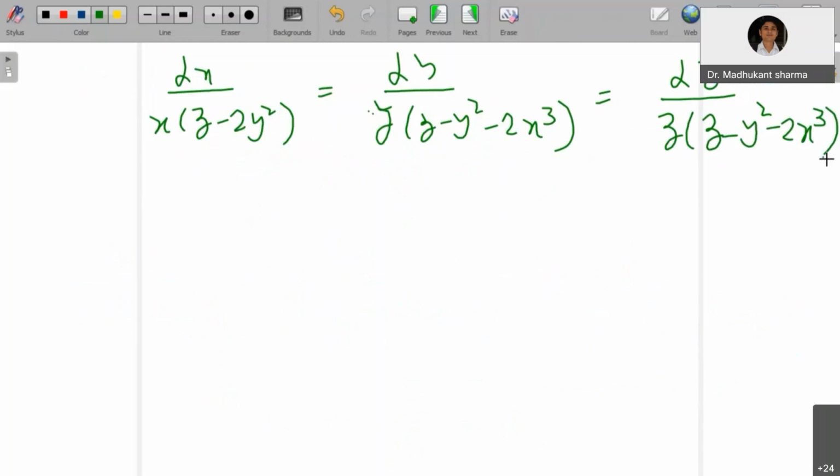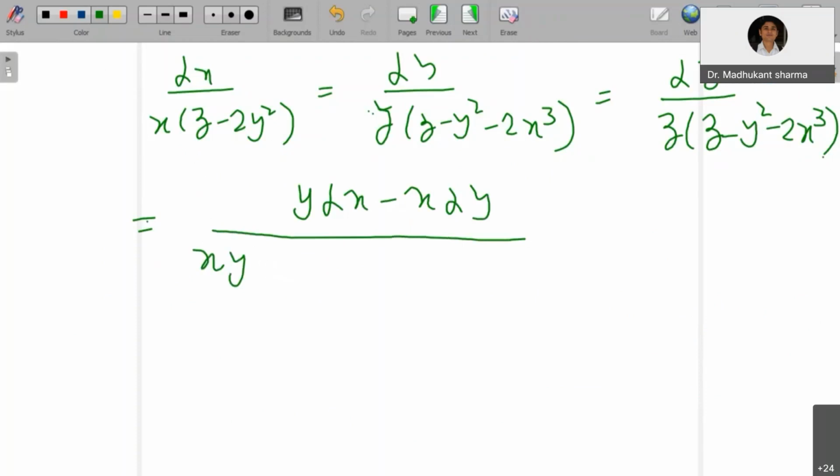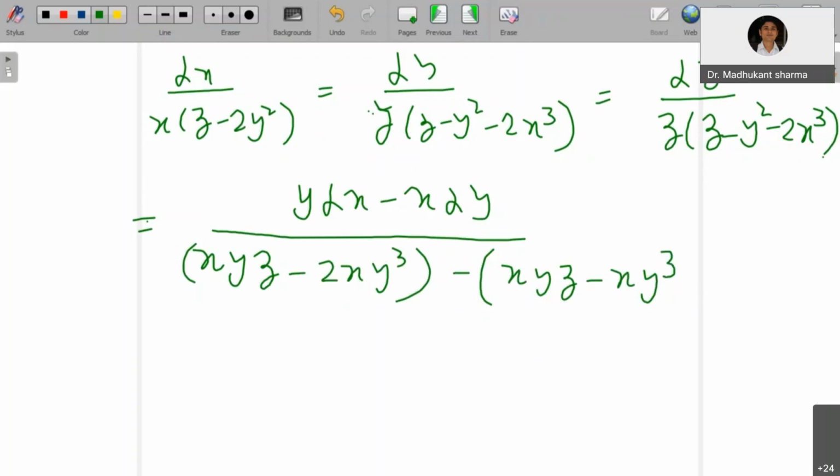If you look at this, it equals y dx minus x dy divided by xyz minus 2xy cube, that's the first one, minus xyz minus xy cube minus 2yx to the power 4.